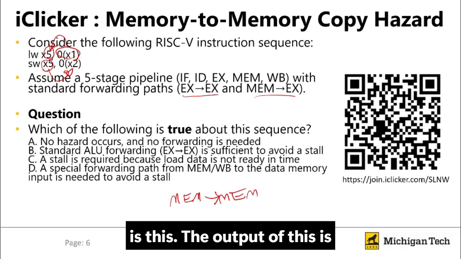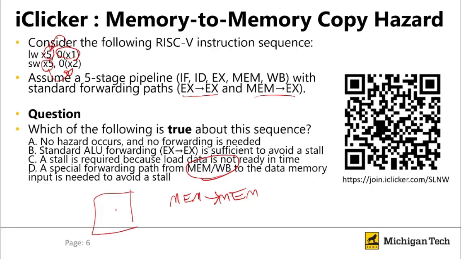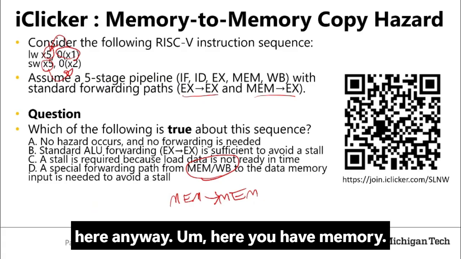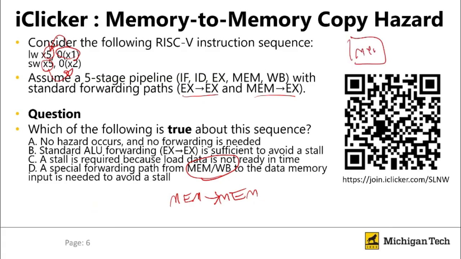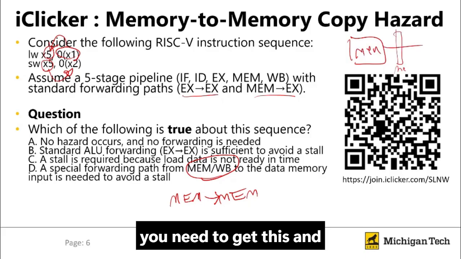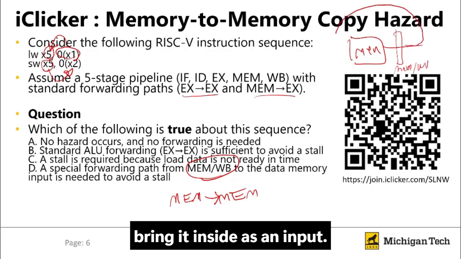So memory is this, the output of this is the memory. Anyway, here you have memory, and the memory write back register. You need to get this and bring it inside as an input.